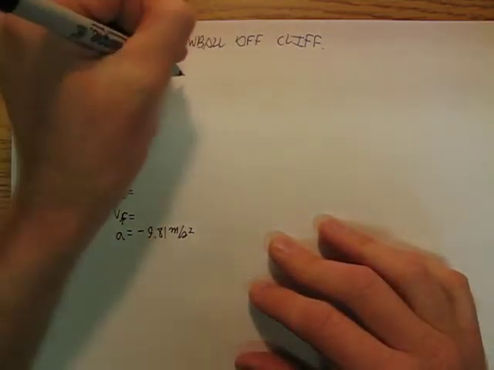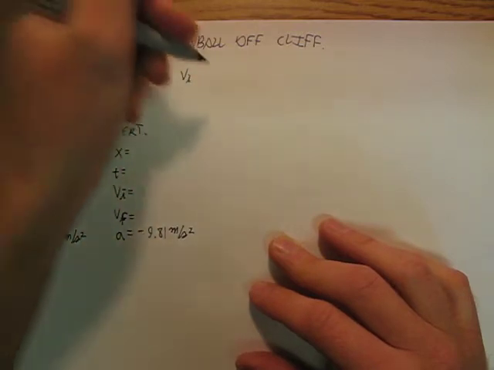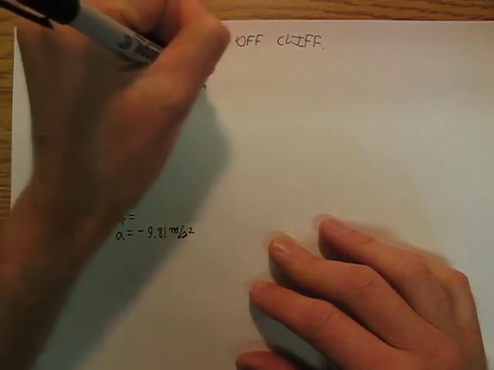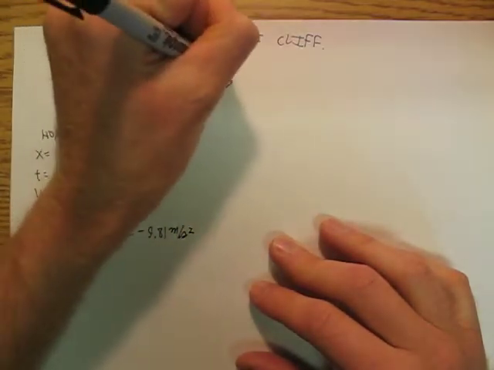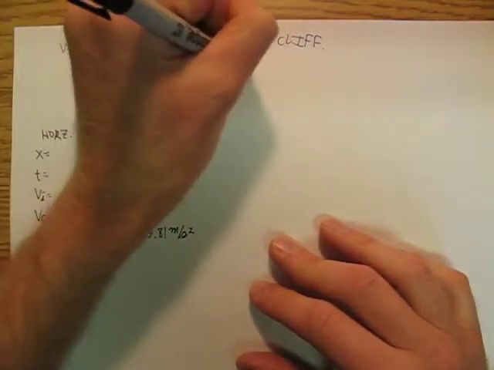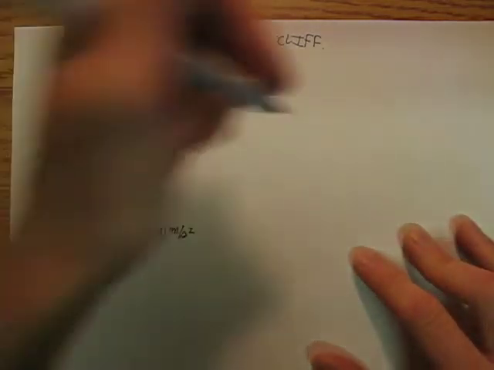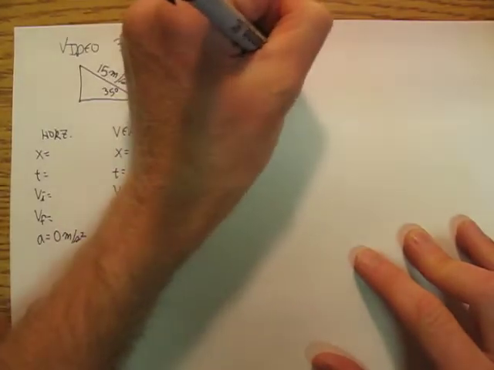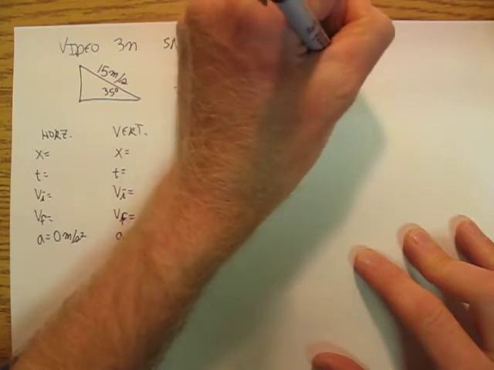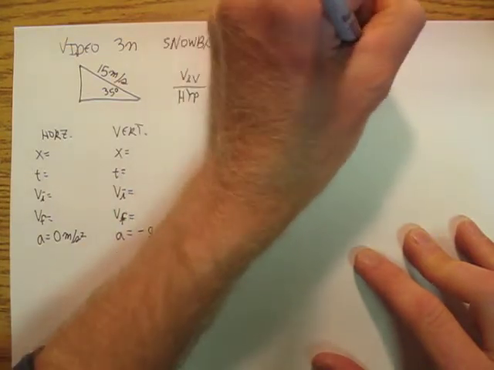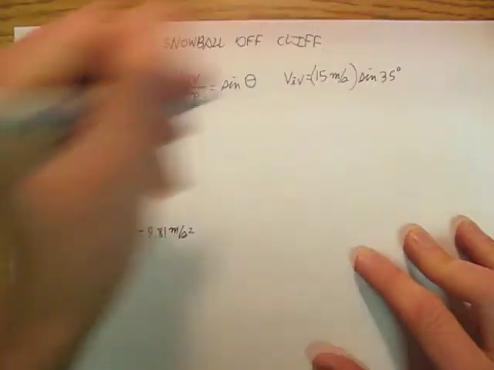So I'm going to say that V_i vertical divided by hypotenuse is going to be the sine of theta. So V_i vertical is going to be 15 meters per second times the sine of 35 degrees.